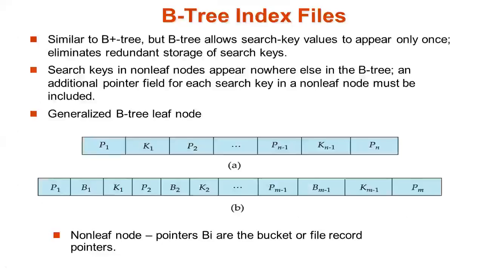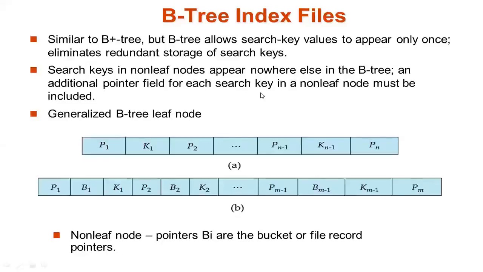Then search keys in non-leaf nodes appear nowhere else in the B tree. That is the difference we are going to see. In the B tree, the search keys in the non-leaf nodes, that means intermediate nodes, appear nowhere else in the B tree, so they appear in only one place.